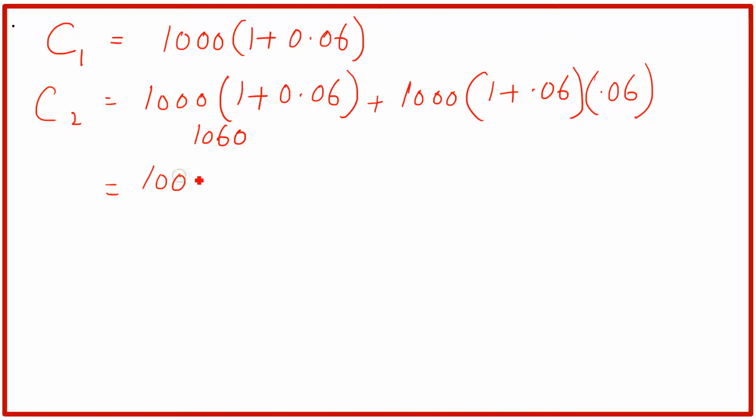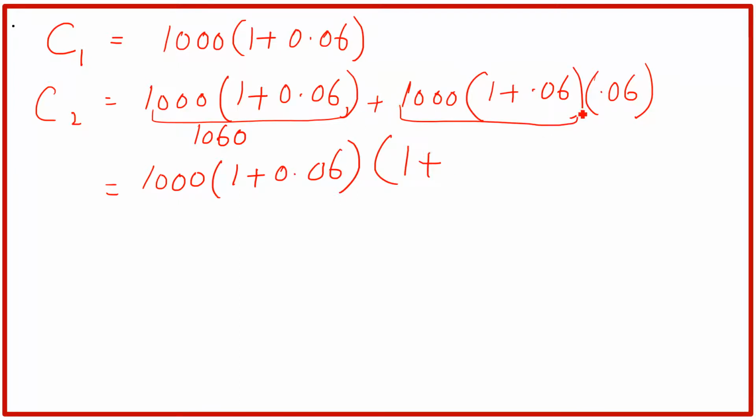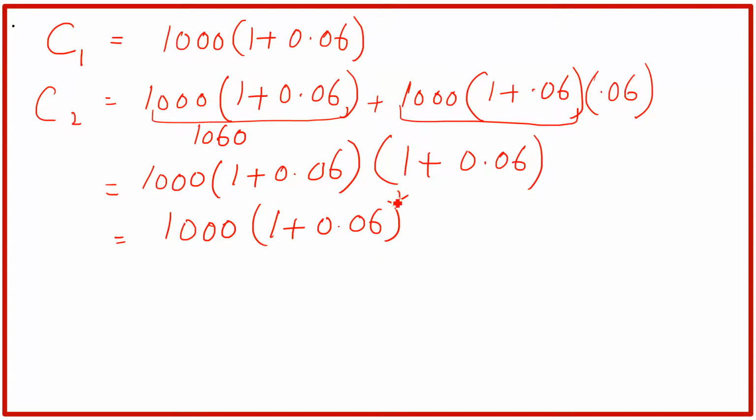If I take 1000 times 1.06 common, what is left here is 1 plus 0.06. So for the second year, both are the same, which means we can write it as a square. And again, if you calculate it, it should be equal to 1123.60. And for C3, now we have this much in the back, our initial amount plus our interest amount.